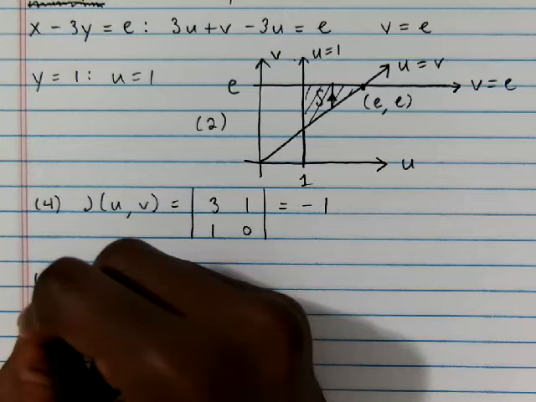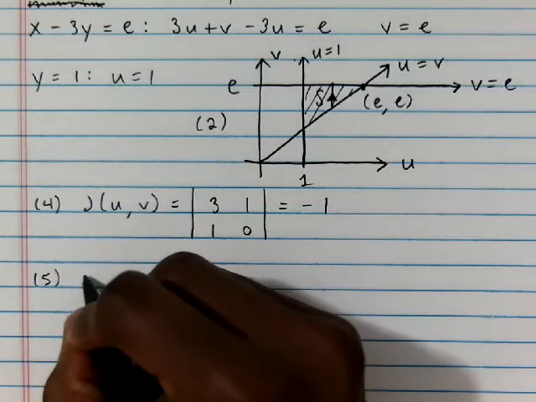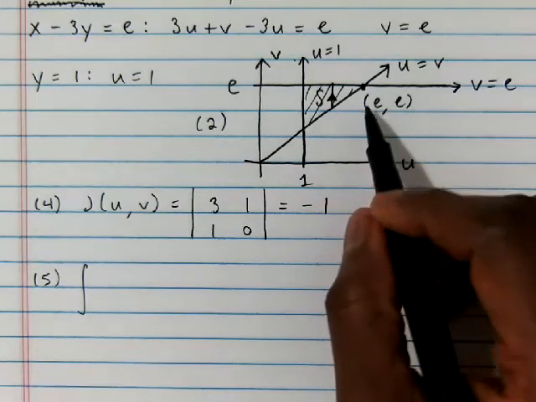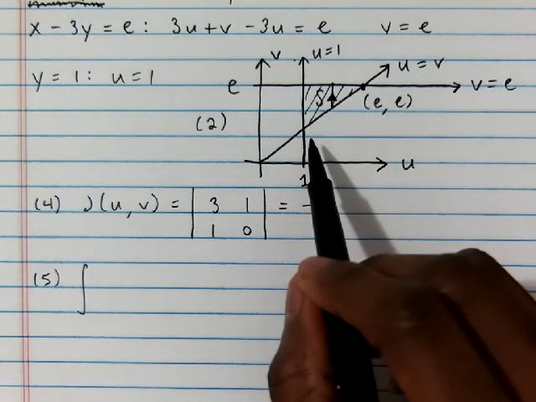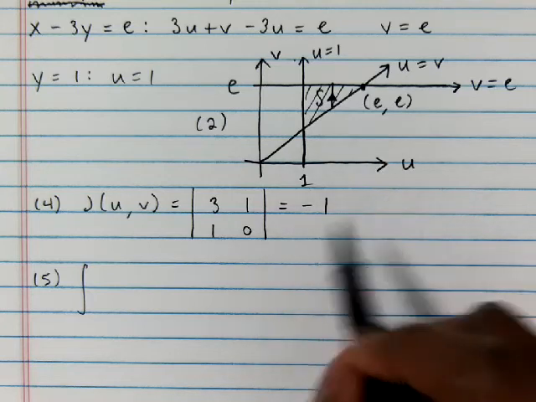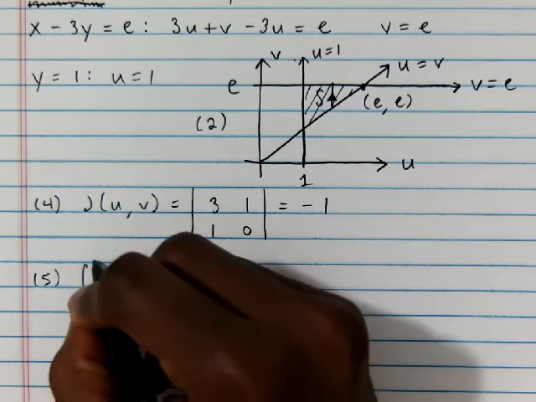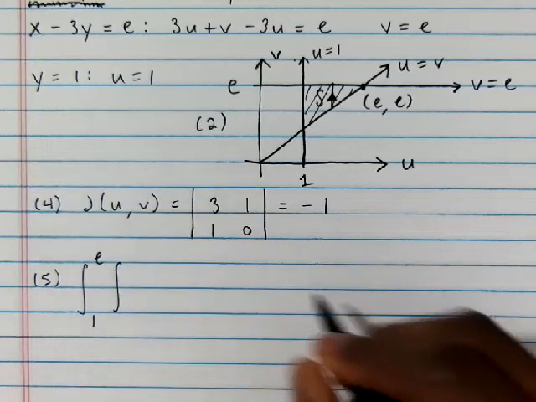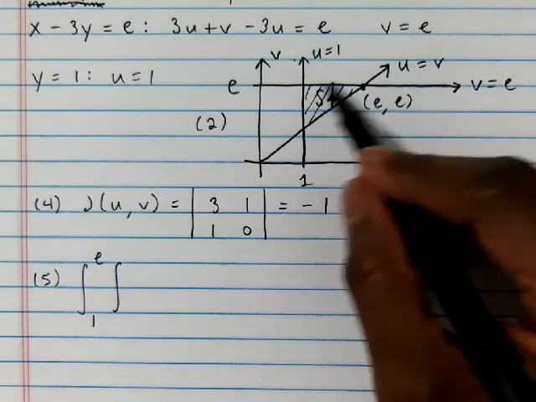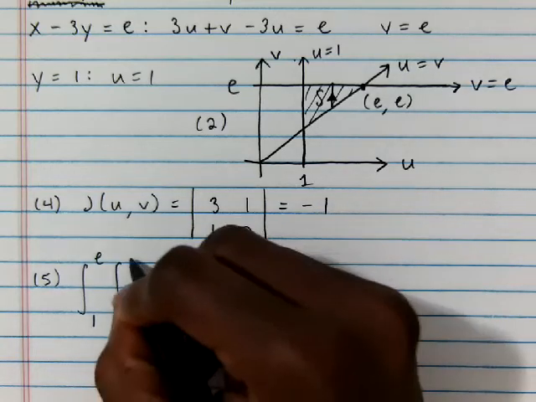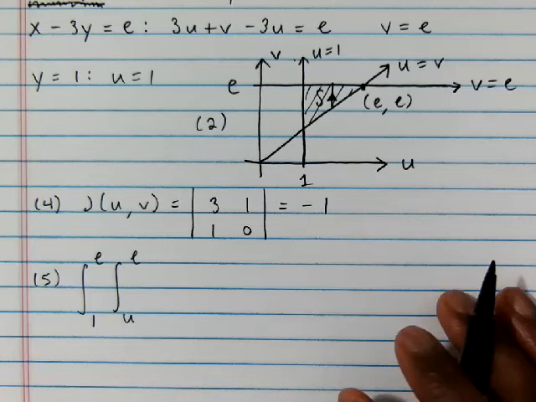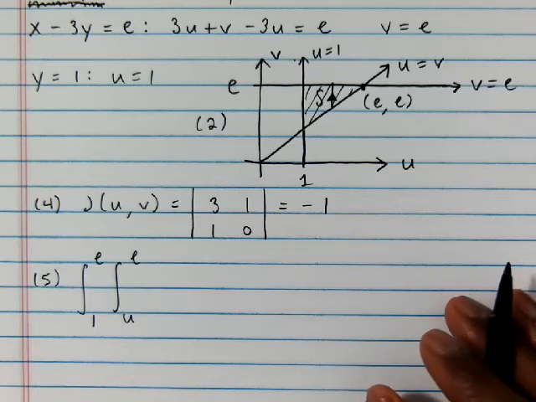So part 5. So now we have the double integral, and our region here is u varies from 1 up to e. And v varies from u up to e. And our integrand, so we go back to our original problem, we have y over x minus 3y.